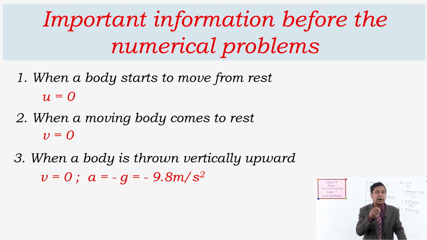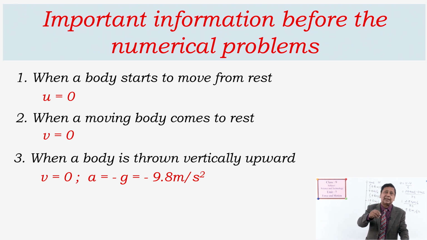But there is another matter also. If a body is in the air, then it is acted upon by gravity. And the acceleration produced on the body is acceleration due to gravity. That's why instead of a, we'll take a as g, small g, acceleration due to gravity.